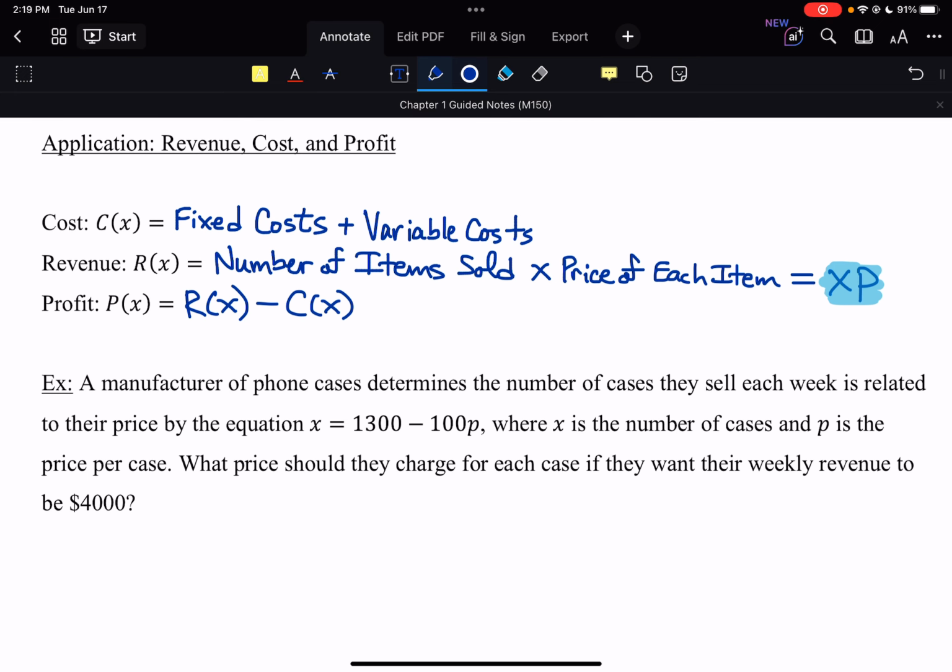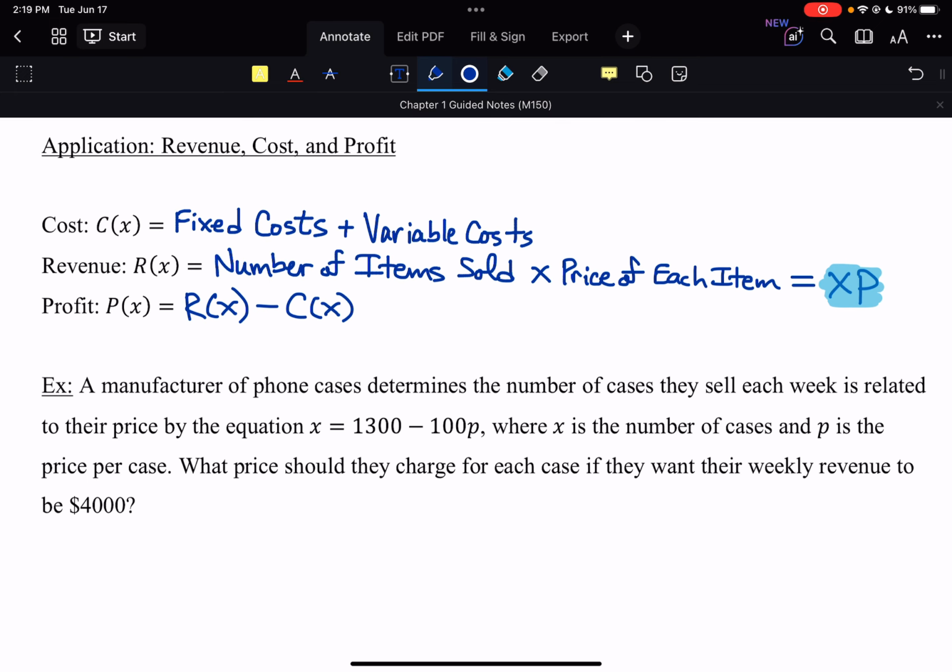So let's take a look at an example. A manufacturer of phone cases determines the number of cases they sell each week is related to their price by the equation x equals 1,300 minus 100p, where x is the number of cases and p is the price per case. What price should they charge for each case if they want their weekly revenue to be $4,000?